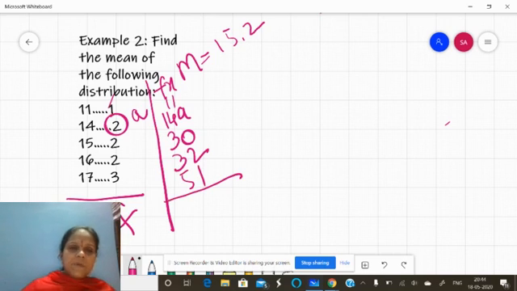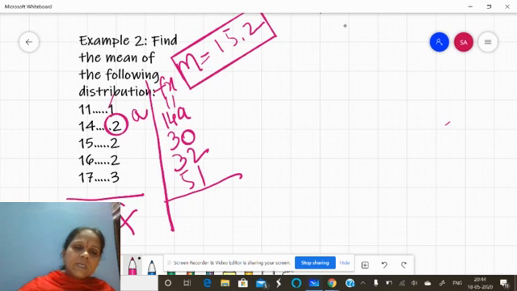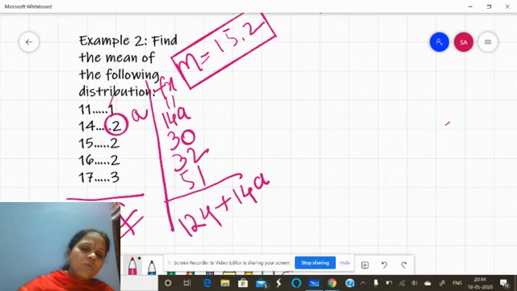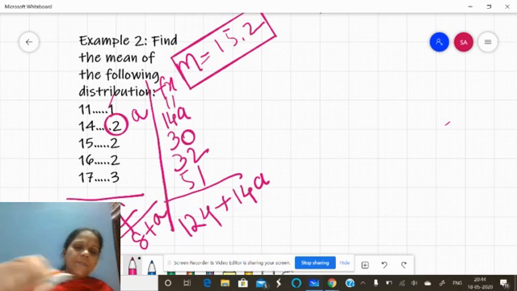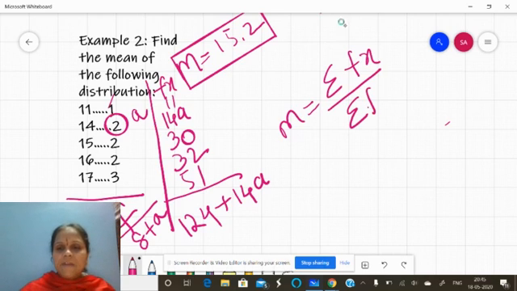And I have to sum up according to the question. So when I sum up, what will I get here? First, let me separate 14a. I'll be getting 124. Right. And what is sigma f, which is 8 plus a. Now the mean formula, I'll write, which is sigma fx by sigma f. So what is mean here in this case?